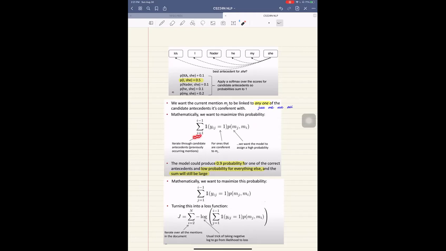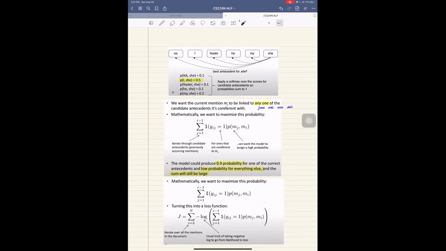Here j refers to the candidate antecedent, and if it is a true antecedent that can be linked with the mention, it has a value of 1. This is the score that links the mention to one of its previous antecedents. So why do we still use the sum, rather than individual scores?